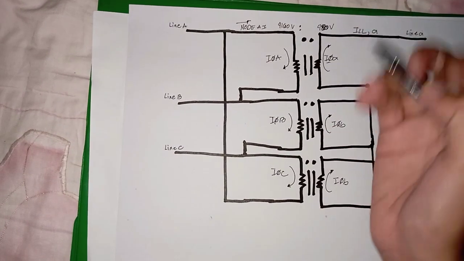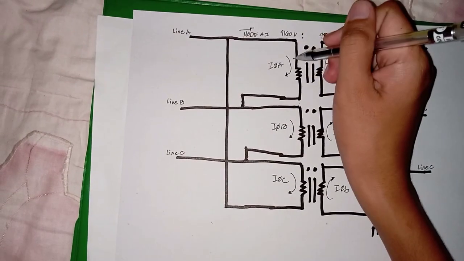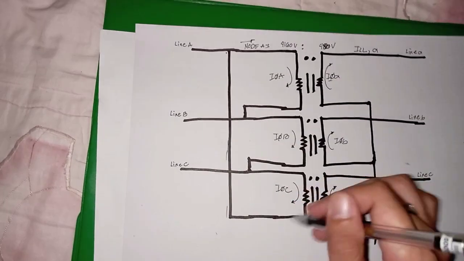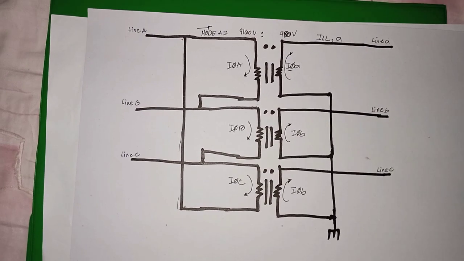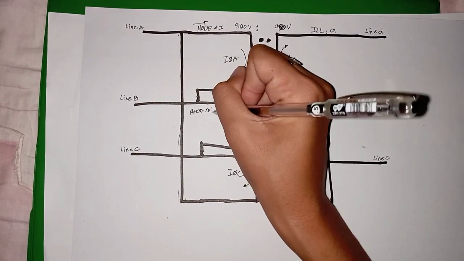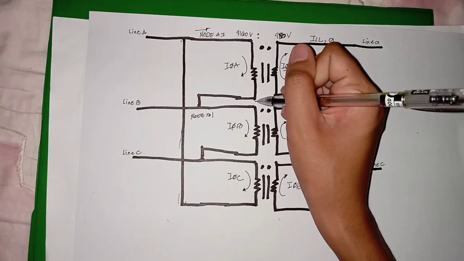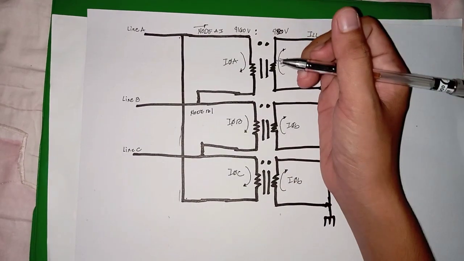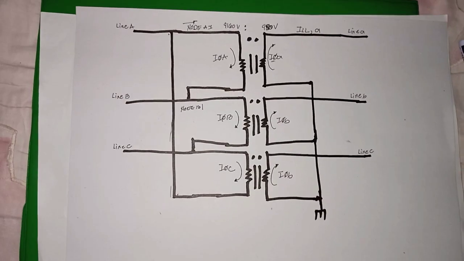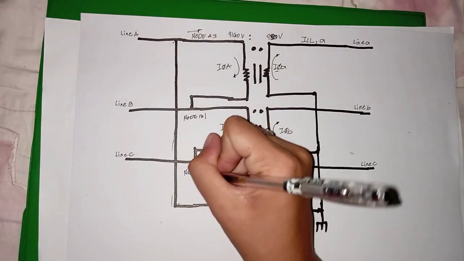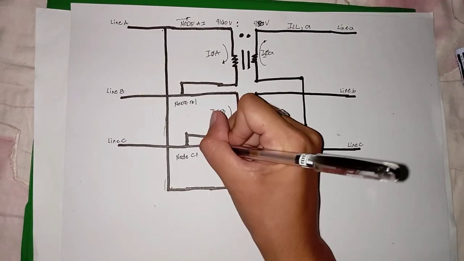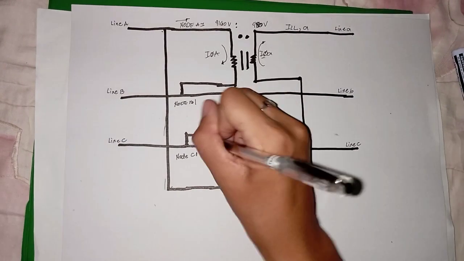So we will call node A1 the node that connects the polarity side of winding A to the non-polarity side of winding C. Then we will call node B1 the node that connects the polarity side of winding B and the non-polarity side of winding A. Lastly, we call node C1 the node that connects the polarity side of winding C and the non-polarity side of winding B.